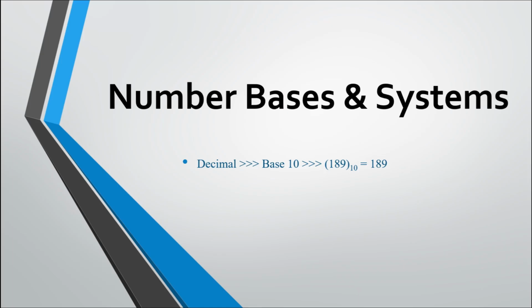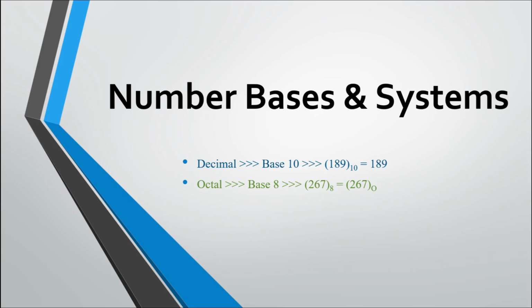For example, we have 189 in base 10, or we can omit the parentheses and write it as 189. Another number system that we're going to need in the digital world is octal, which is in base 8.